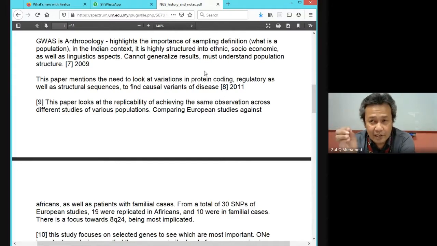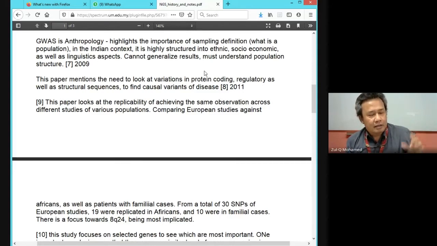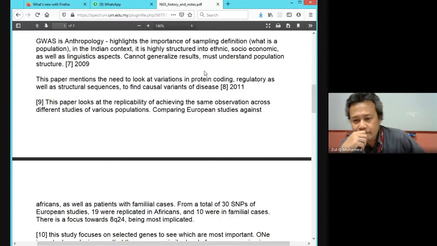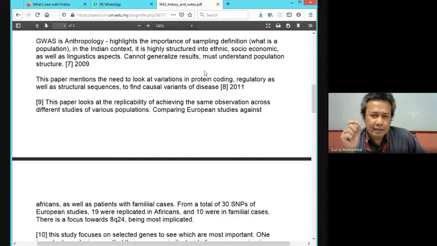I know this variation, let's say in a particular region, if you have an A, you have a higher chance of getting disease. If you have B, then you probably not. But now they're looking at why, if you get A, you are at a higher risk of getting disease. So this is called the functional aspects of this kind of study, to actually find the causal variance.